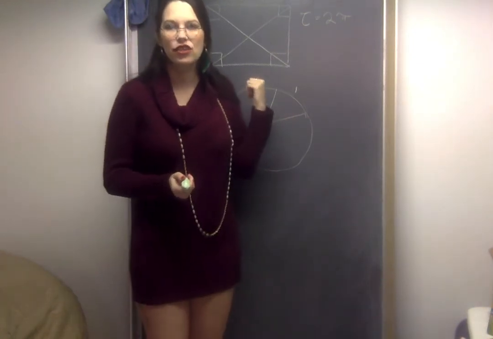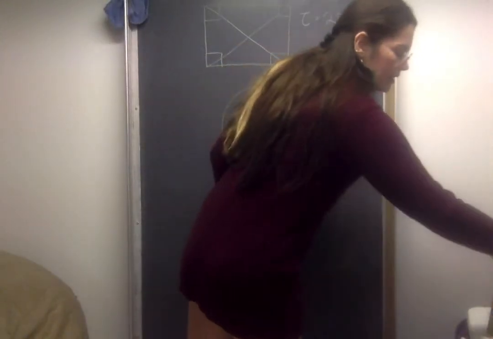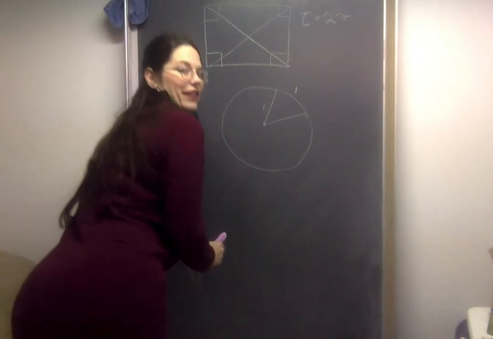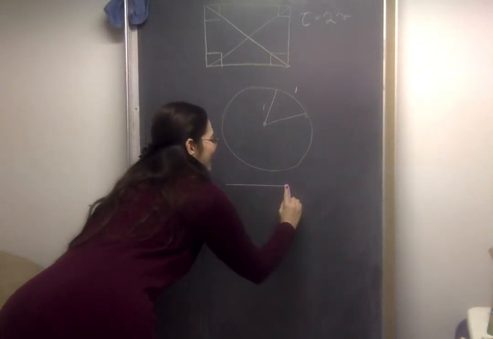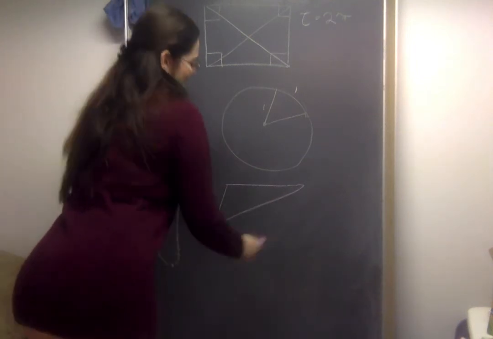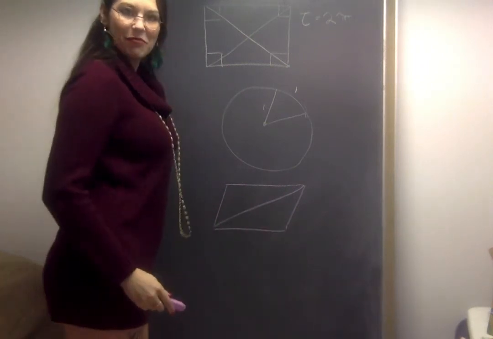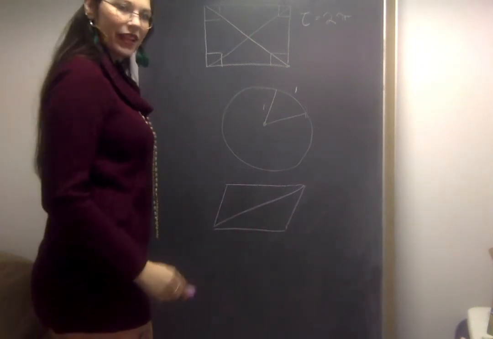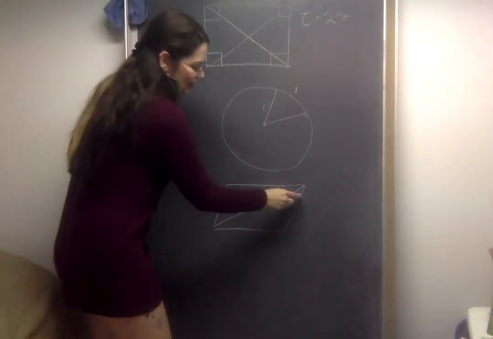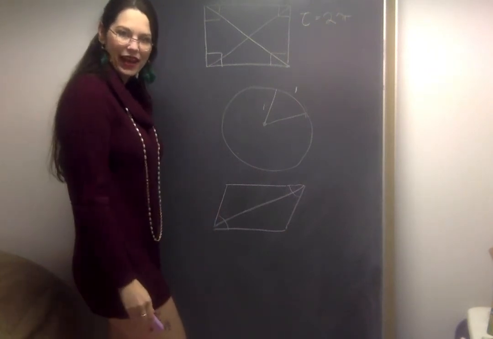I can take two different triangles that aren't right triangles, and I can fit them together in a very similar way. Oh dear, I'm going to have to go really low on the board to draw these triangles. I can do that, and then copy that to make what's called a parallelogram, and we'll still end up seeing that the two angles fit together in the same way.